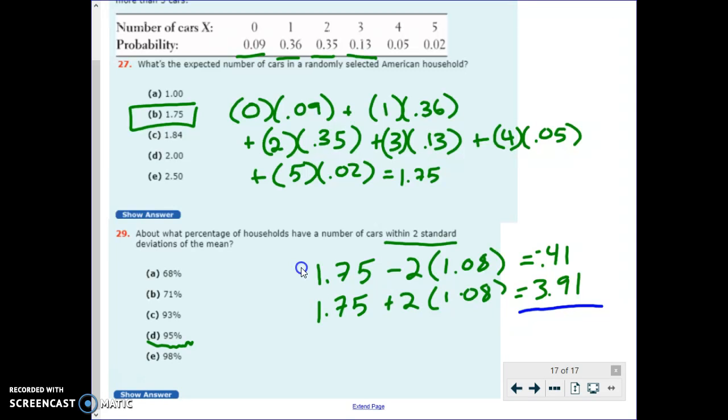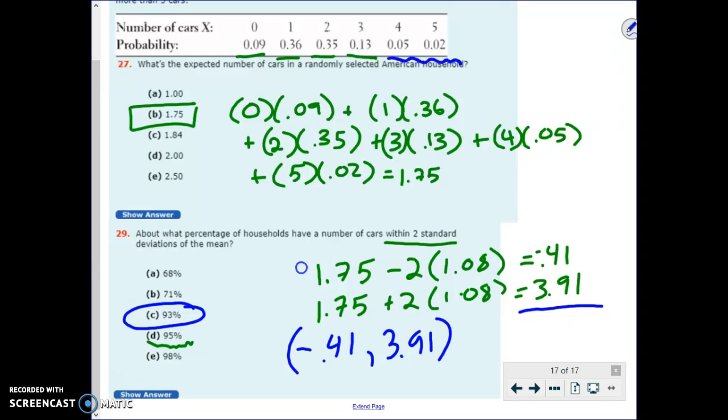So the reason why this answer here is C is because the range of cars within 2 standard deviations of the mean is from negative 0.41 cars, which we can all agree is not possible, up to 3.91 cars. Well, that doesn't include 4 and 5. And 4 and 5, well, that's 0.05 and 0.02. So the folks that are excluded from this is 0.07, so 1 minus 0.07, which is why it's 0.93.